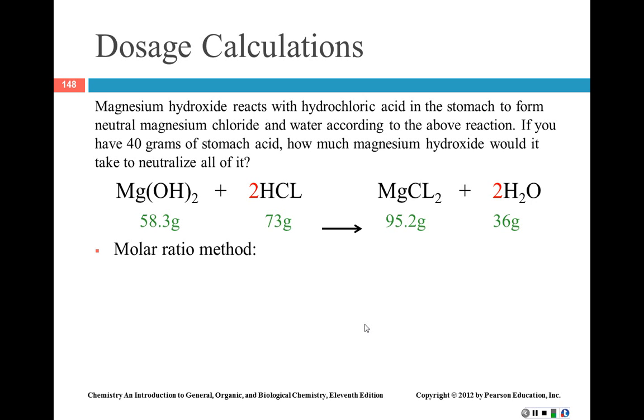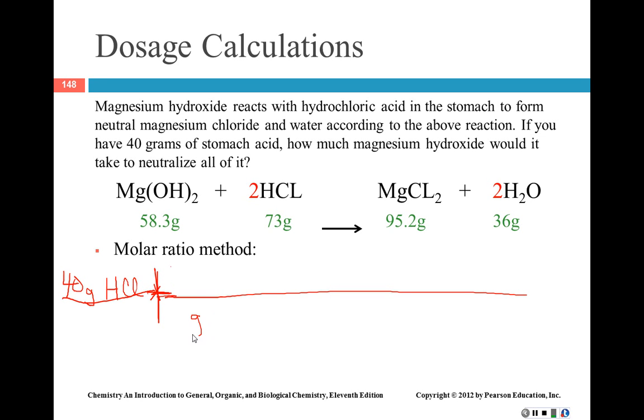So the molar ratio way would be, we have 40 grams of HCl. All right, and so we're going to multiply it by everything we need to. Just do it like this. So I'm going to do 40 grams of hydrochloric acid.